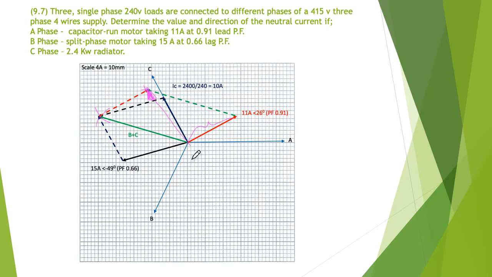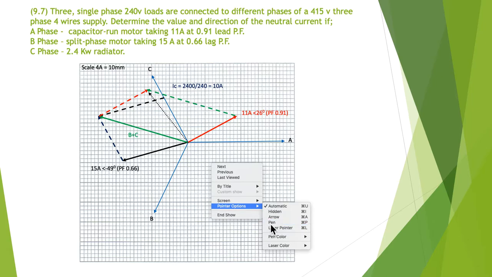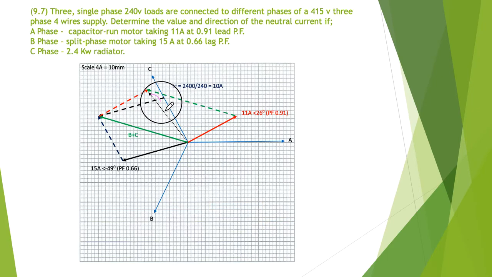Don't forget that that's not the final answer. Remember, we're adding up the neutral currents so that we can end up knowing what a final current is. Remember, we want to get out here at 180 degrees. So you can see there, my final current is that length. So the length is reasonably obvious.